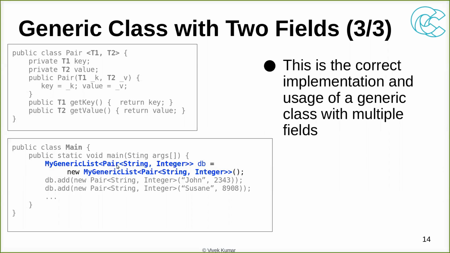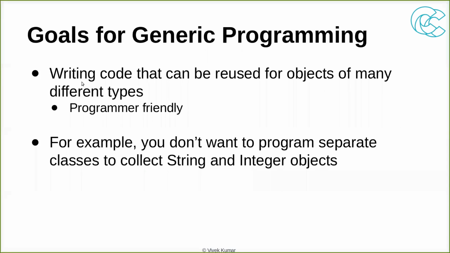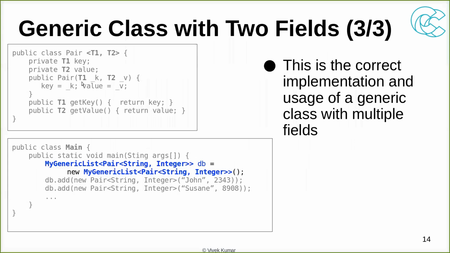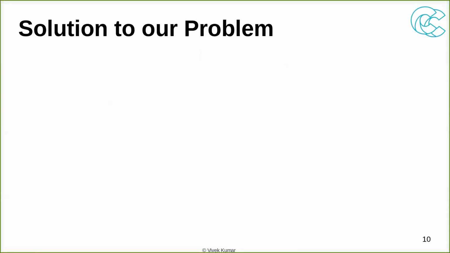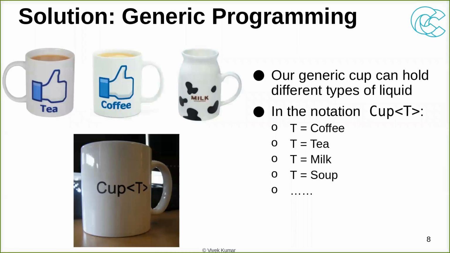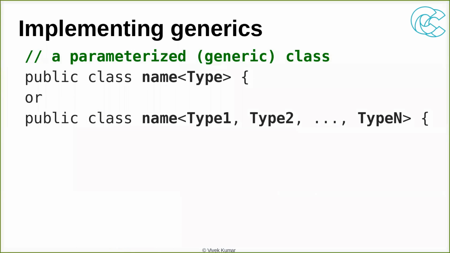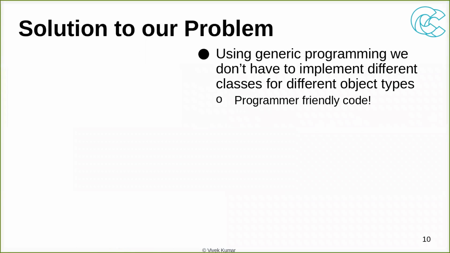So pair here is the name, and pair has two different types within angular brackets. So you need to use the angular brackets. But if it is within the class, you don't. In the cup example, it was being used inside the class also. So in the cup, coffee, tea example, this one, and the code which comes after this. I don't think there's a cup code.